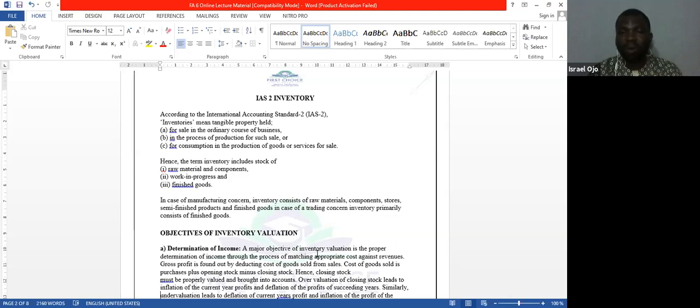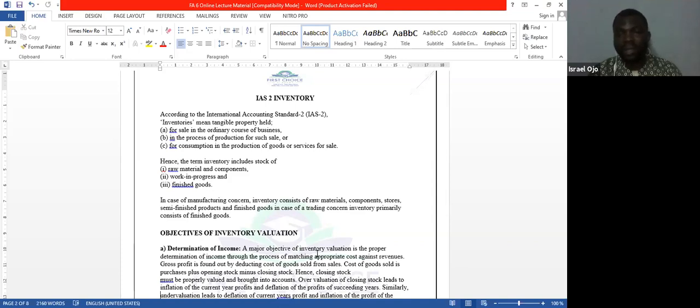Let me clarify with an example. Raw material can be flour, sugar and the likes, and the finished goods should be bread. When we mix the flour but have not yet baked it, and we are closing for that month, that mixed flour is what we classify as work in progress, because we are still working on it.